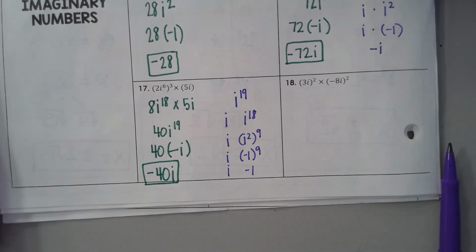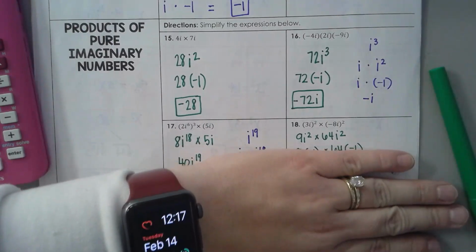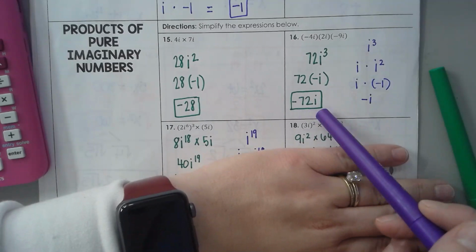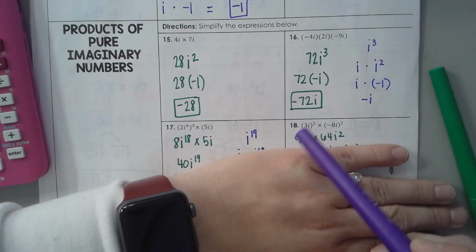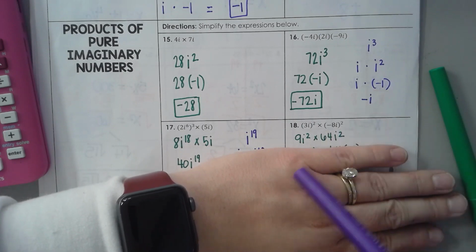See if you can do number 18. Alright, so from this step, I first got rid of my exponents. 3 squared is 9, and then I had i squared. Then I have negative 8 squared is 64, i squared.